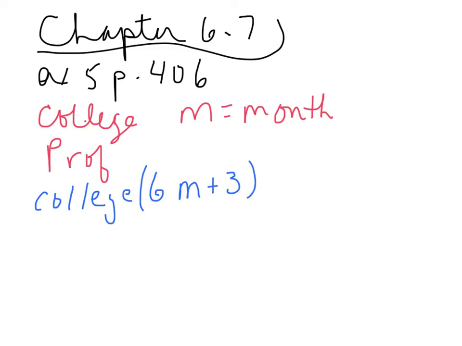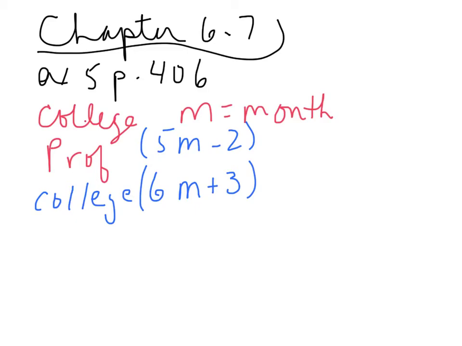And the number of professional hats is 5M minus 2. All right, so we pulled out some math. We know that M equals the month, and we know that there are two teams that they're comparing. So the college team is represented by 6 months plus 3, and the professional is 5 months minus 2.